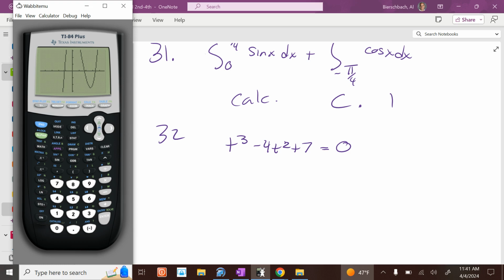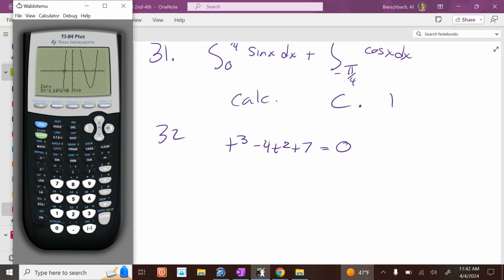A particle is moving along the y-axis, but I had to put it in terms of x. It gives the distance. So if we go second trace and find the zeros, this first one, we go to the left and to the right of it and press equals.